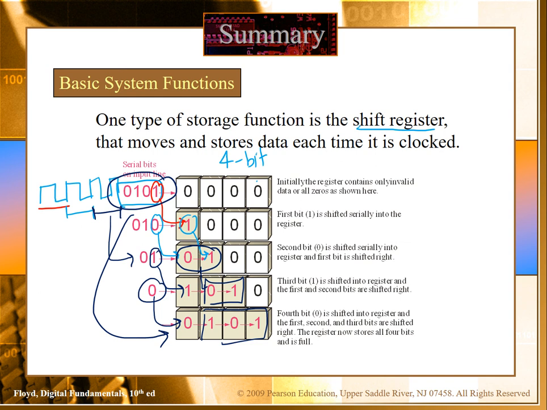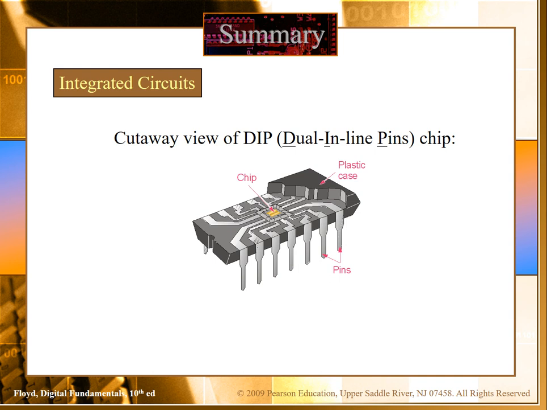Basically, data is stored in the registers, in the memories, using the shift register, and the shift register operates on the clock information. Everything is finally implemented in the form of integrated circuits, or what we call ICs. You have probably seen such ICs in the labs.